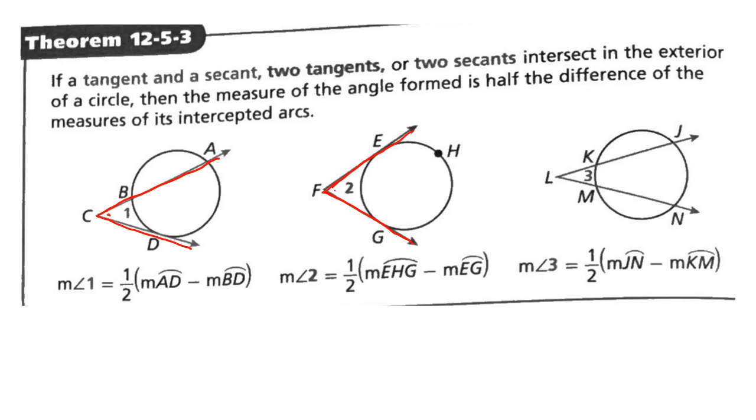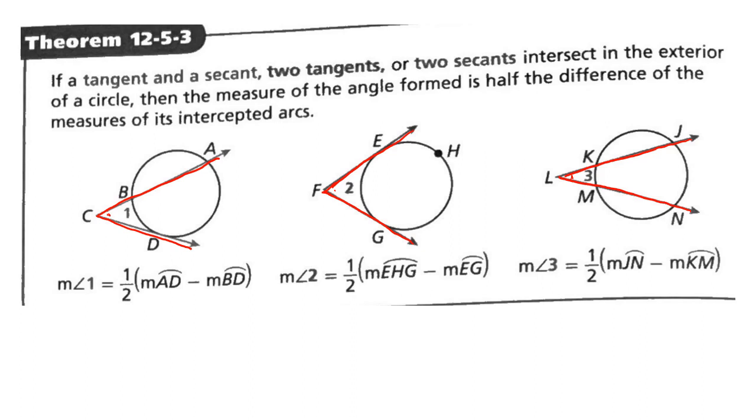And then we have a situation where we have 2 secant lines making an angle outside of the circle. Now, it doesn't matter what scenario you come across, whether it's 2 secant lines, 2 tangent lines, or a tangent and a secant, if it makes an angle outside of the circle, we can use the formula below. And even though they have different letters, it's the exact same formula.